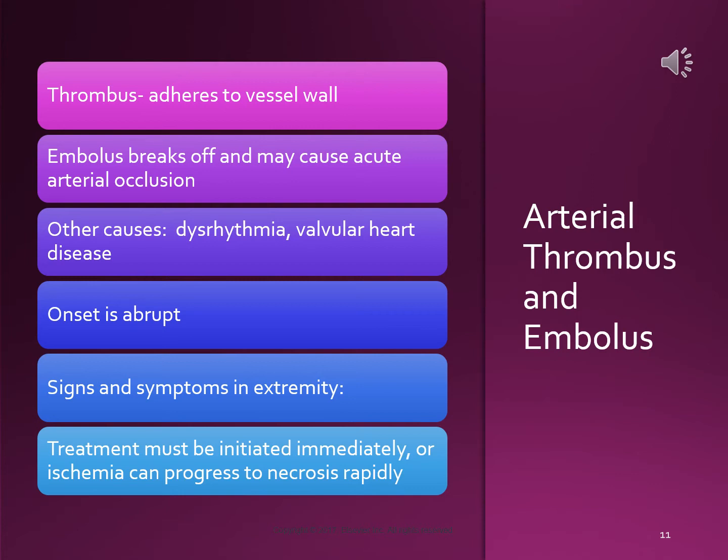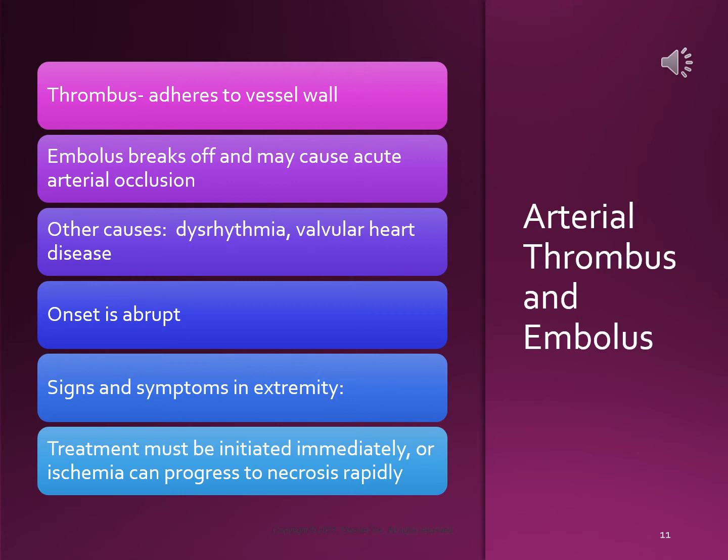There are other causes of emboli, and those include dysrhythmias such as atrial fibrillation, prosthetic heart valves, where cells can be broken up or adhere to the heart valves that don't have that protective endothelium that your normal valves do. Myocardial infarctions, also rheumatic heart disease, mitral valve disease, all of those things can cause emboli.